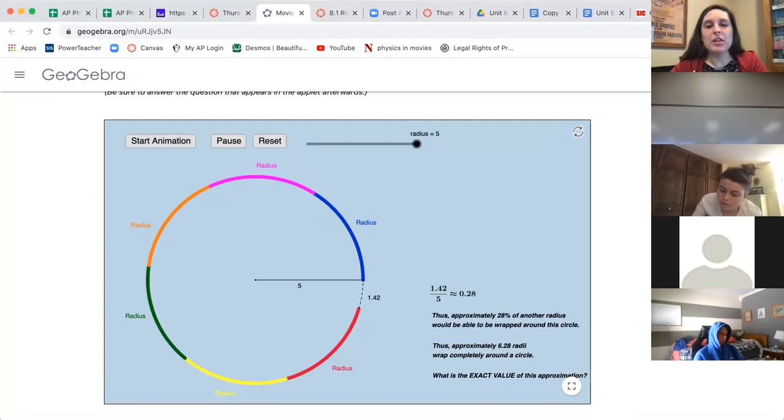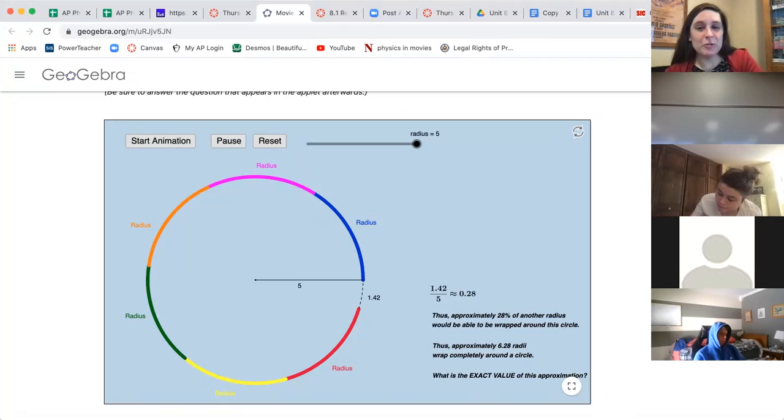And then we have a little bit left over. The little bit that we have left over is 0.28 of another radius. So we can fit approximately 6.28 radii around that circle.